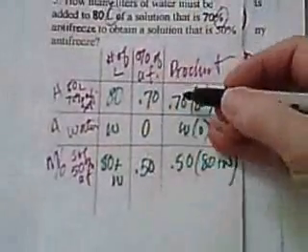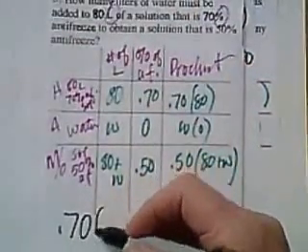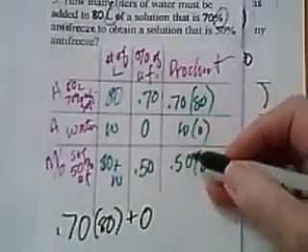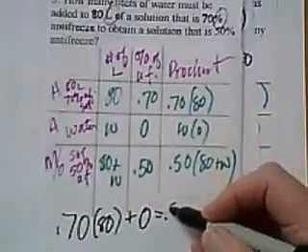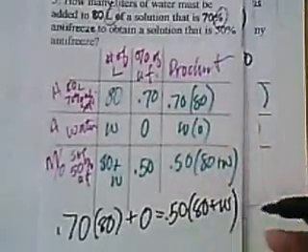Okay, this one here, number 5, comes to these 3 again. So 0.70 times 80 plus 0. Go ahead and multiply those together, equals 0.50 times 80 plus w.